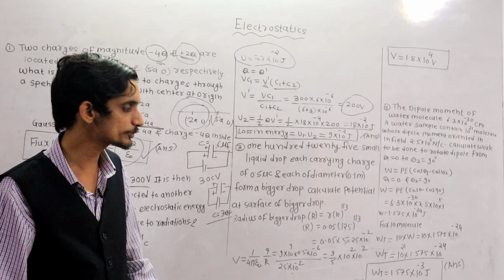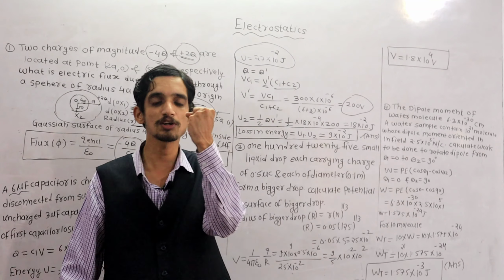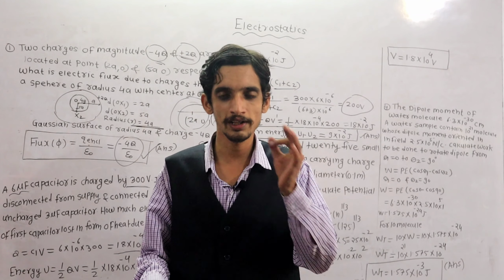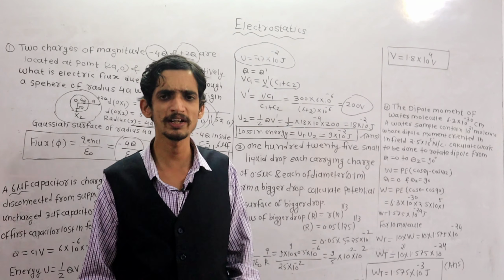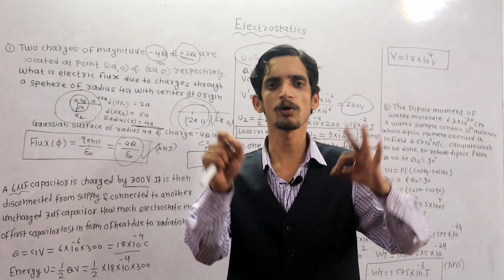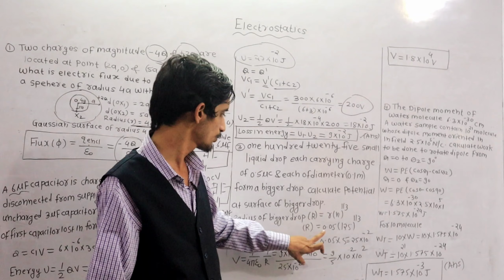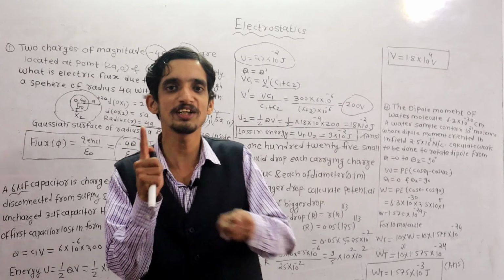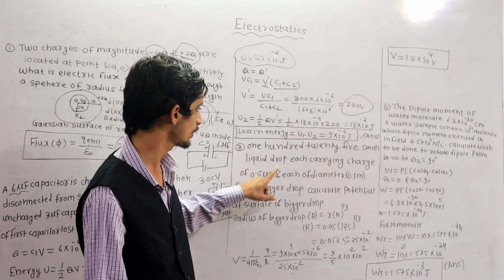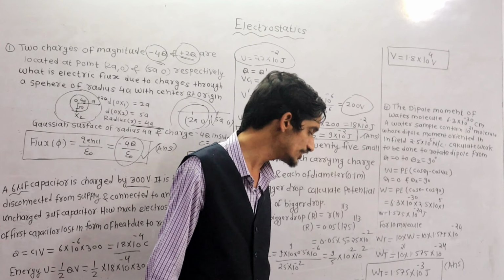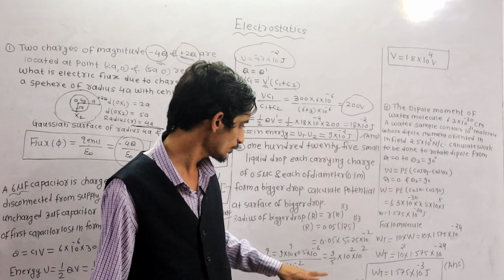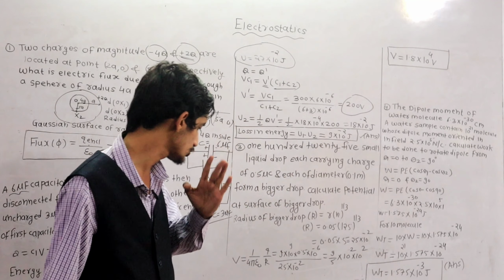So in the combination of charged drops, the radius of the larger drop is equal to the radius of the smaller drop into n raised to 1 by 3, where n is the number of smaller drops. The diameter is 0.1 meter, which is 0.05 meter radius. So capital R is equal to 0.05 into 125 raised to 1 by 3, because 125 small drops are there. So this is 0.05 into 5, which is 25 into 10 raised to minus 2.